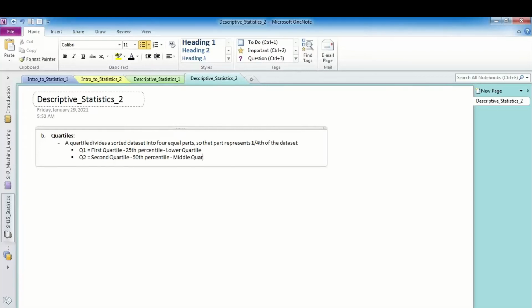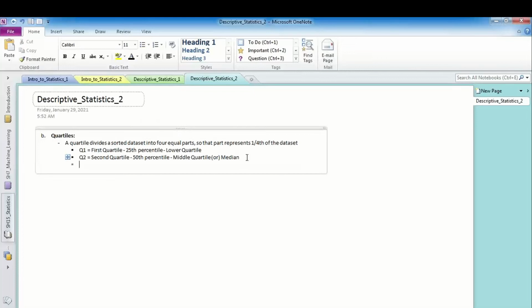It is generally called the middle quartile. The other name for middle quartile is your median too, because as you know, it is a sorted data set and you are talking about the middlemost piece. So the second quartile, Q2, is also referred to as the median value.